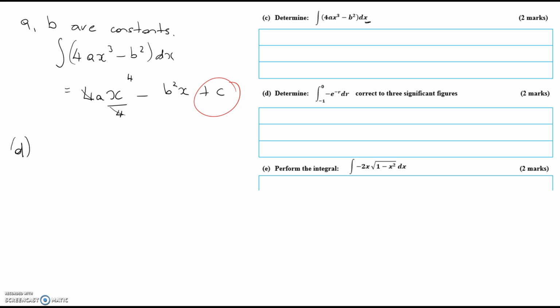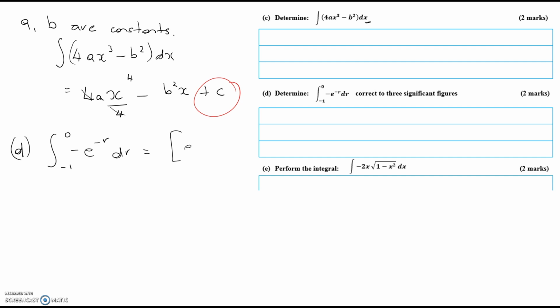So part D, now it becomes a definite integral. So the integral between -1 and 0 of negative e to the negative r with respect to r is going to be negative, negative.